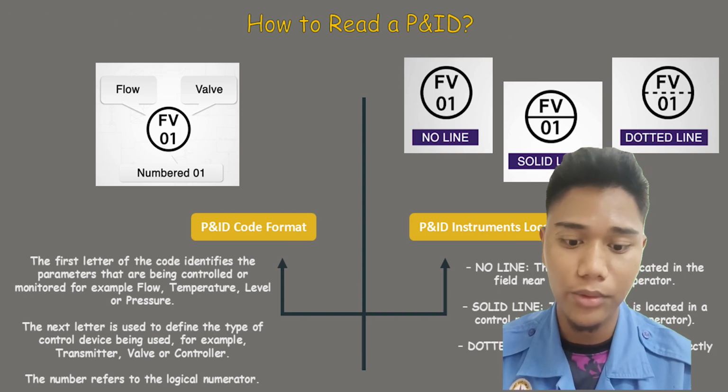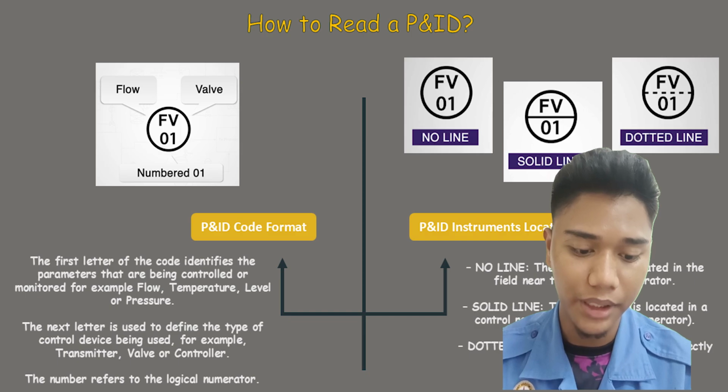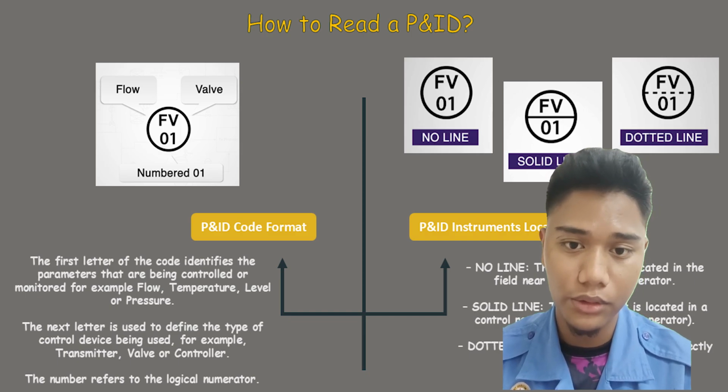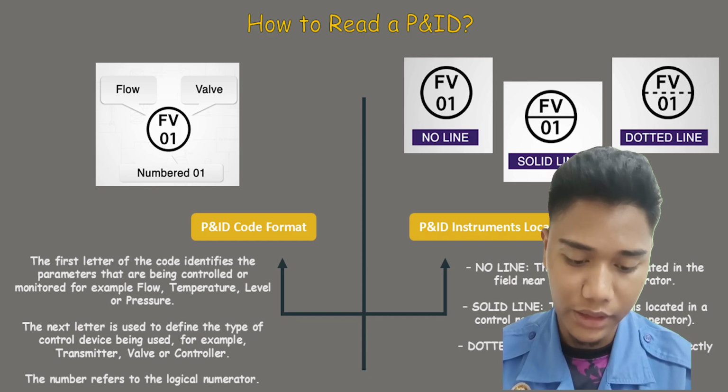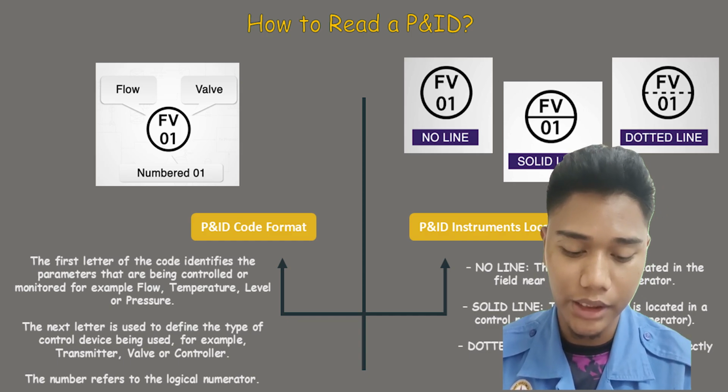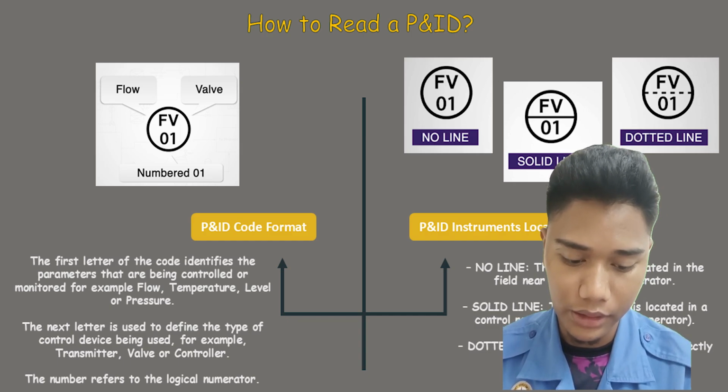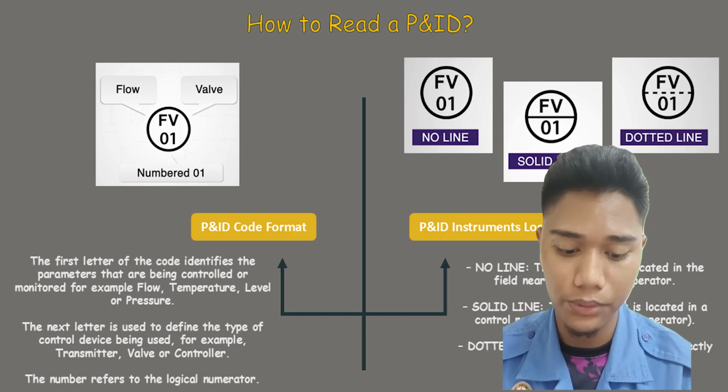As for the next slide, we will talk about how to read PNID. We will take a look at PNID code format. The first letter of the code identifies the parameter that is being controlled or monitored, for example, flow, temperature, level, or pressure.